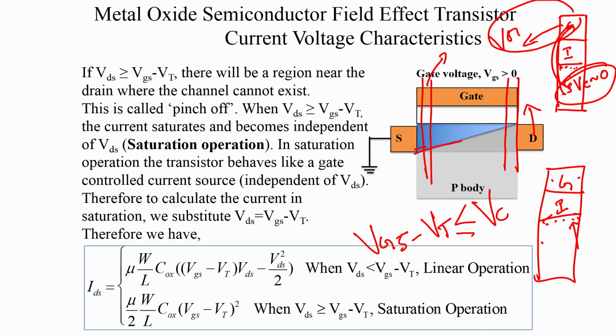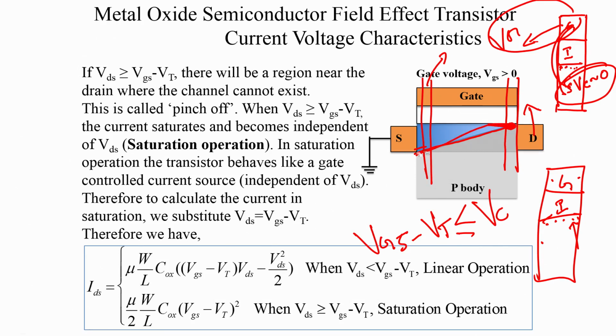Therefore, as we start heading towards the drain, the channel should actually taper off. The moment VGS minus Vt becomes equal to the channel potential, there should be no more electrons, and the channel would simply taper off.